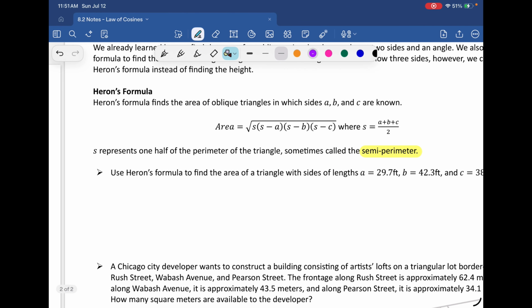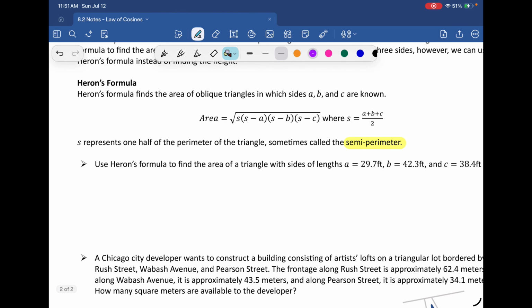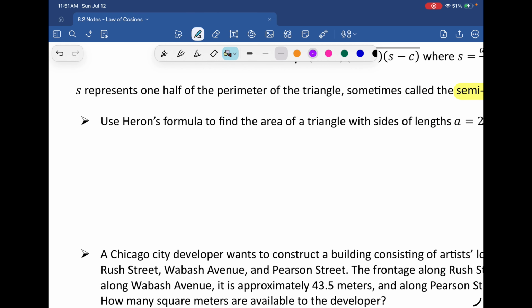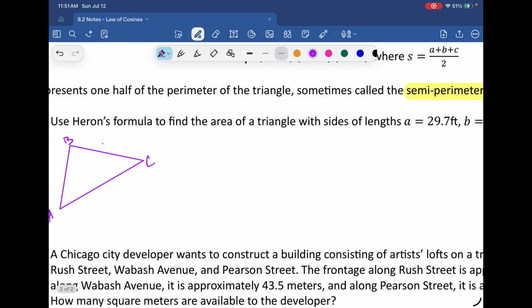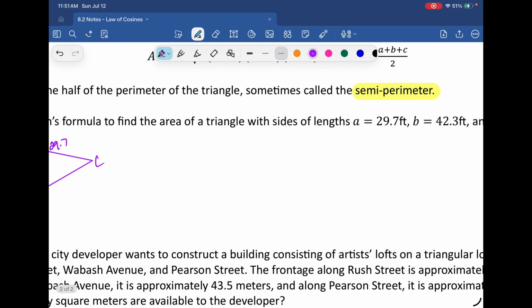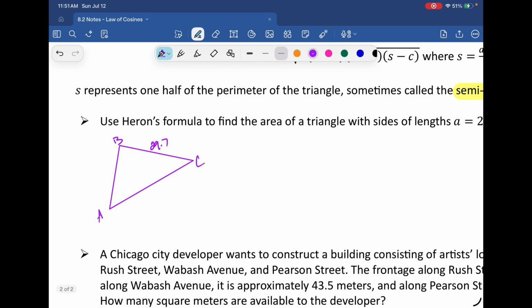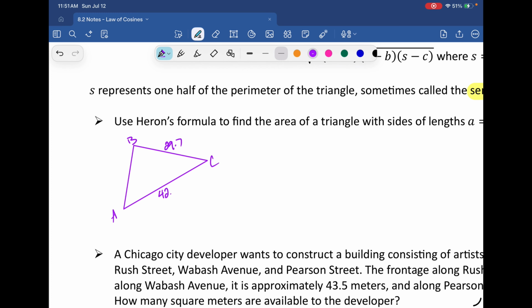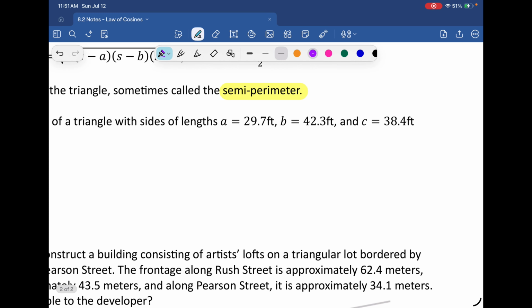Use Heron's formula to find the area of a triangle with sides of length 29.7, 42.3, 38.4. I'm going to draw a triangle because it drives me insane not to. A, B, C, side A 29.7, side B 42.3, and C is 38.4.